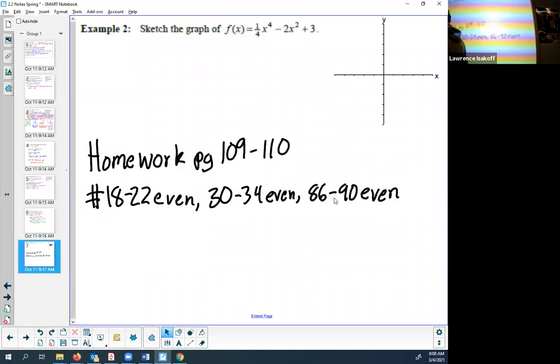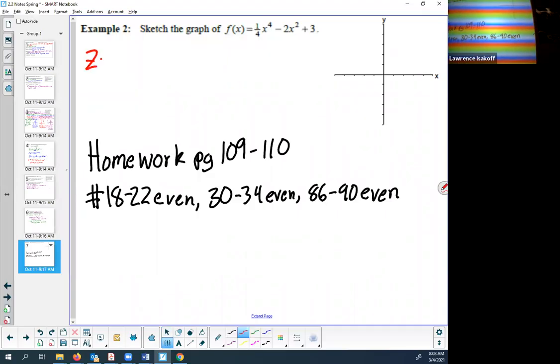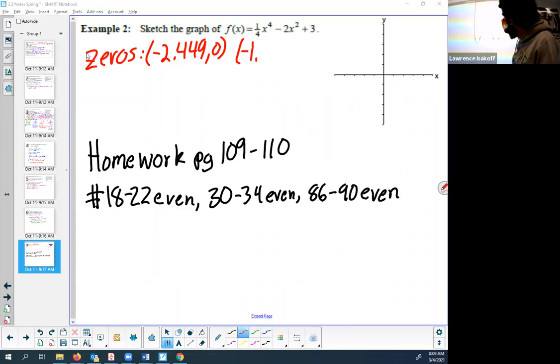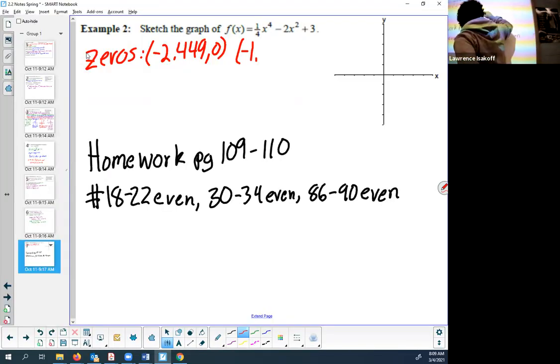So for a problem like this, I will want you to list out what your zeros are. So those are negative 2.449, 0. The next one was negative 1.414, was it? Yep. Comma 0.